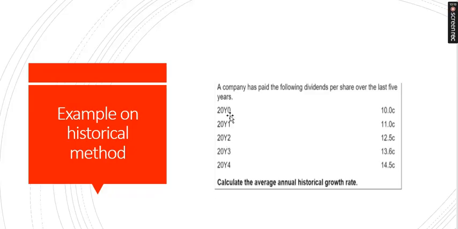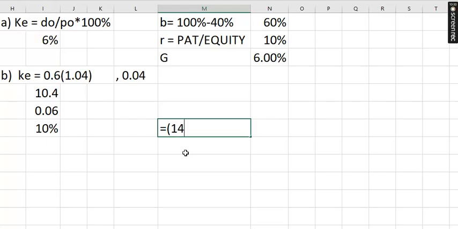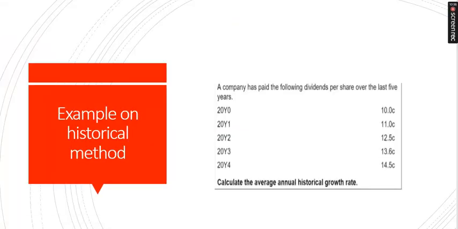In simple terms, it is the last year, the new year, which is 14.5. If it's 2026, it means you pick the dividend for 2026. So that's 14.5 over Dn, the dividend long time ago, the oldest dividend, which is 10.